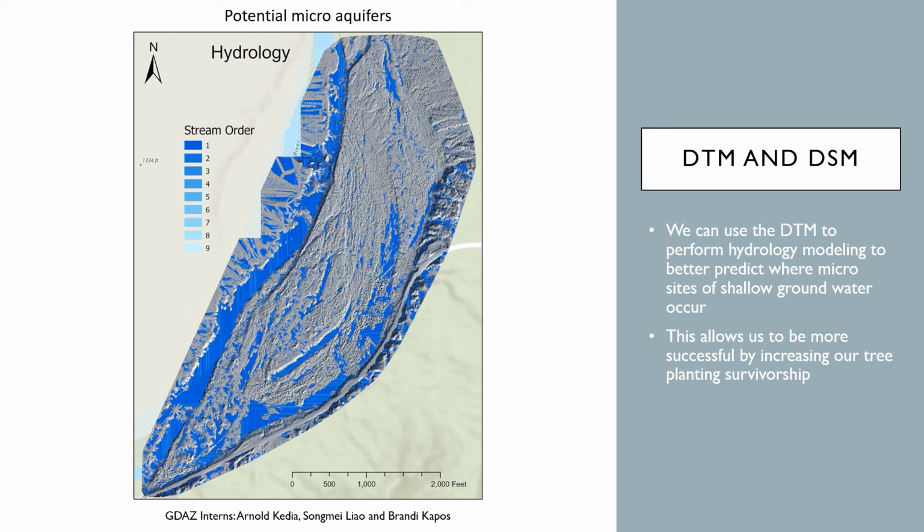And honestly, they're pretty accurate. In these areas where we have blue, that's not actually the river, but actually inland, we can reach water in about 4 to 5 feet in most of these places, and this allows us to actually go out and plant trees in these areas, and that way they have access to water.